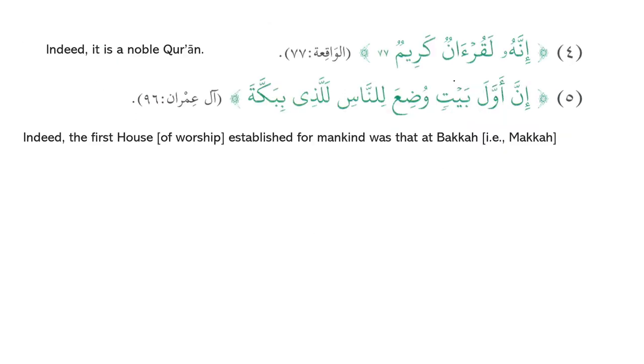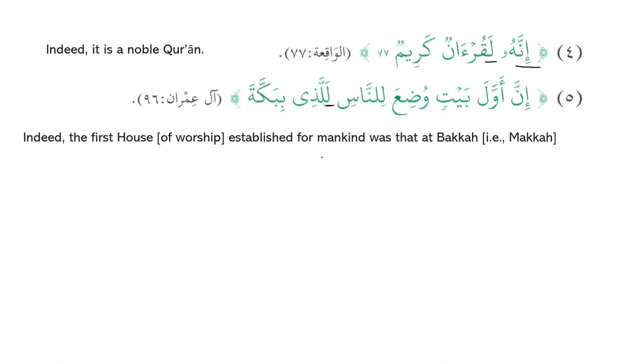Innahu laqur'anun kareem. Indeed, it is a noble Quran. Again, we have inna and then we have la. Inna awwala baytin wudi'a linnasi lalladhi bibakkata. Where is lam al-muzahlaqa over here? Lalladhi. La and alladhi.